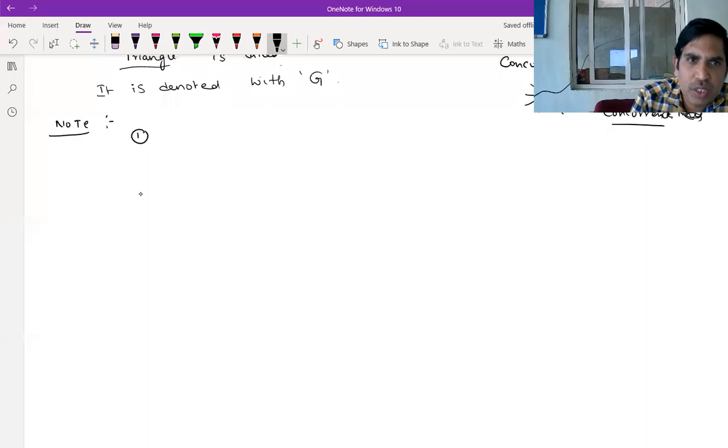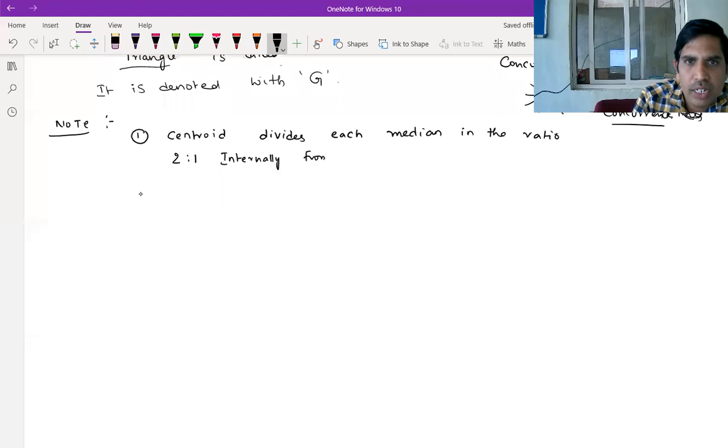Centroid divides each median in the ratio 2:1 internally from the vertex. So centroid divides each median in the ratio 2:1 internally from the vertex.